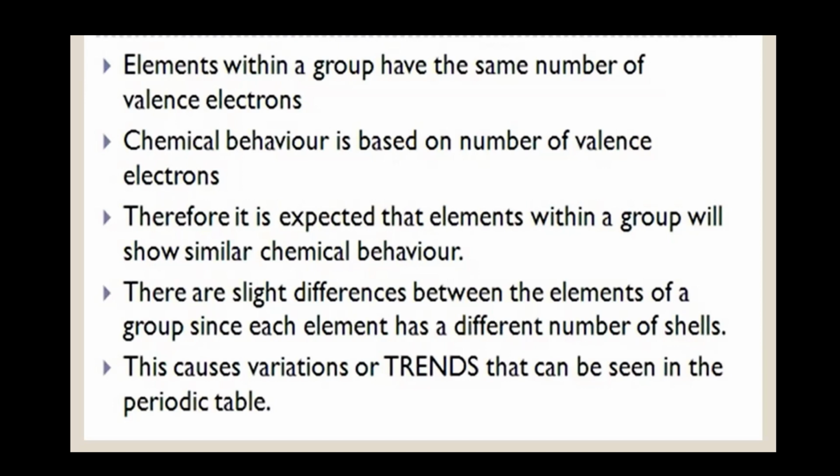And the chemical behavior is based on the number of valence electrons. Valency determines the chemical behavior or properties of the element. So it is expected that within the same group, elements will have similar chemical behavior.